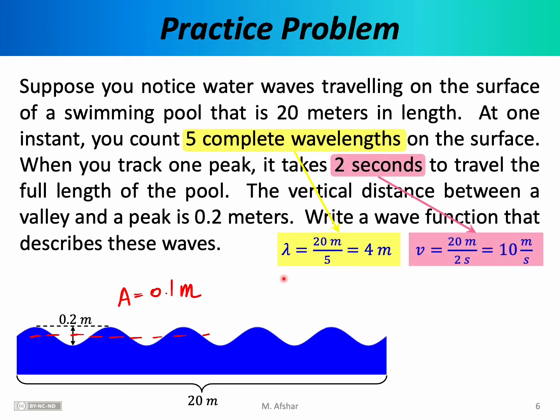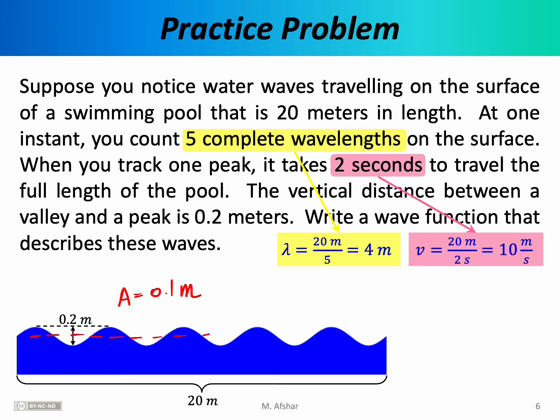We also notice that it takes 2 seconds to travel the full length of the pool. So it takes each one of these peaks 2 seconds to travel 20 meters. If an object travels 20 meters in 2 seconds, then its speed must be 10 meters per second. Here, we're basically using a concept that you probably encountered back in your mechanics course.